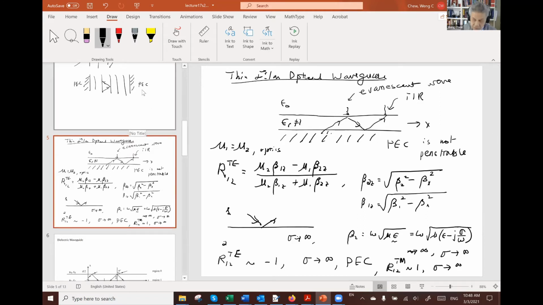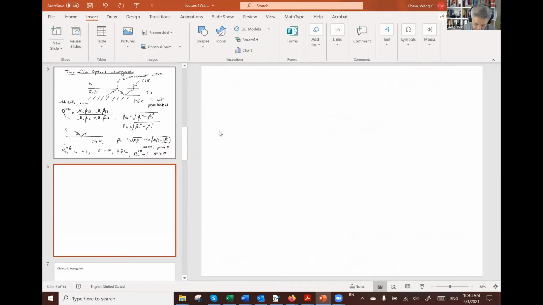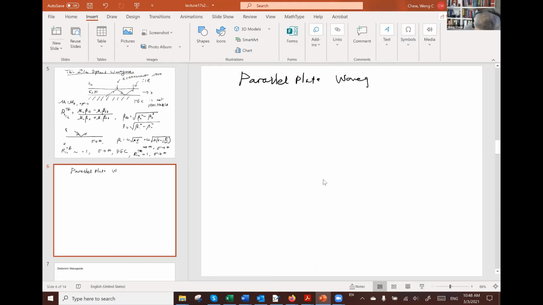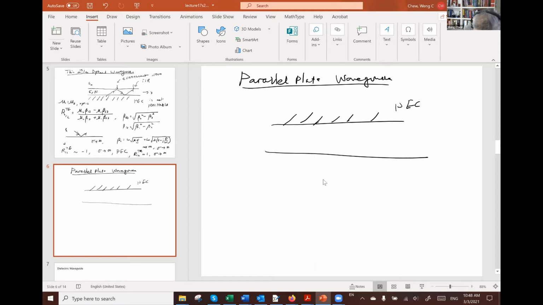And another place where you can see such a waveguide is when you just have two metal plates. This is called a parallel plate waveguide. If you have two metal plates, PEC at the top and PEC at the bottom, when the wave hits the boundary, it cannot penetrate inside, so it will bounce back with a perfect reflection coefficient of either +1 or -1.